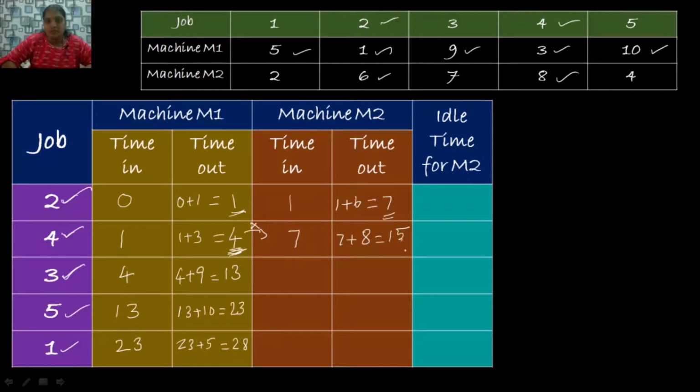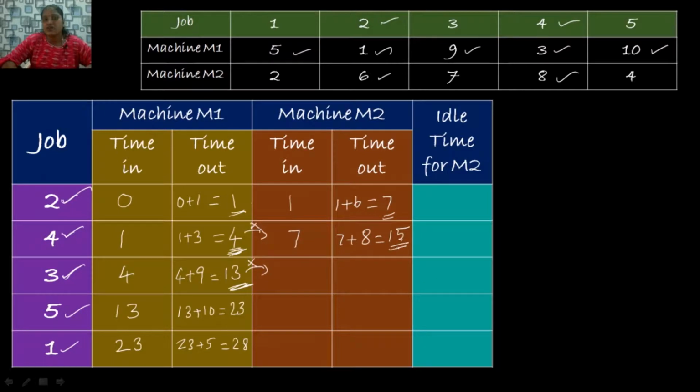Next, job 3 completes its processing time on M1 at 13 hours, but it couldn't directly enter into machine M2. You know already each machine can process only one job at a time. So at 13 hours M2 is still processing the previous job.